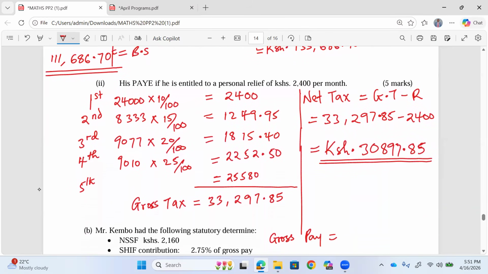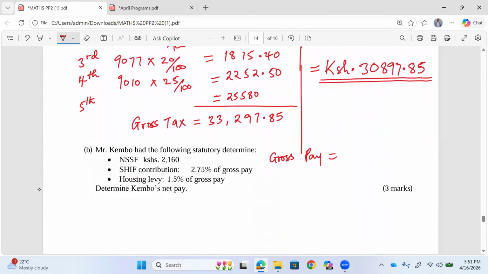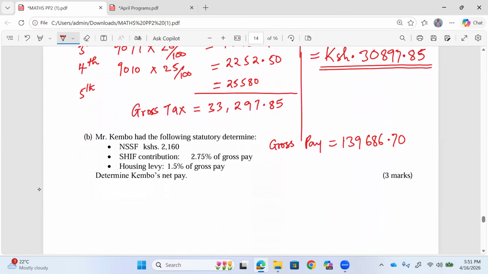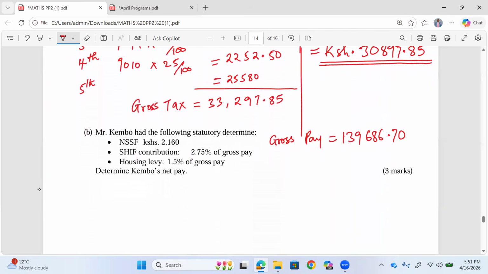So the gross pay is 139,686. That is the gross income that he earns. The six recurring is 2/3 of a shilling.